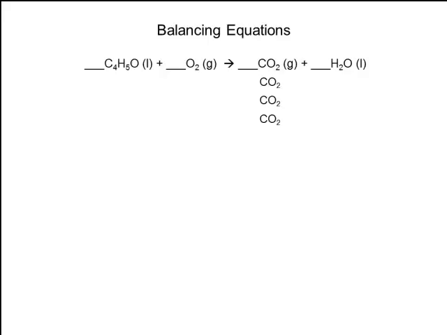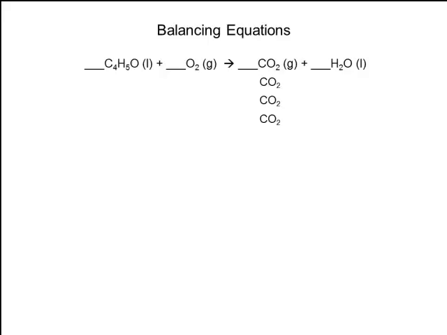Well, this is where I was saying if you have an element that's in more than one compound on both sides of the equation, or either side of the equation, leave that alone. Balance that last. So oxygen is in every single one of these, so I'm going to focus on the hydrogen first because that's going to be easier to balance initially. All right, so I've got 5 hydrogens on the reactant side. I've got 2 hydrogens on the product side.